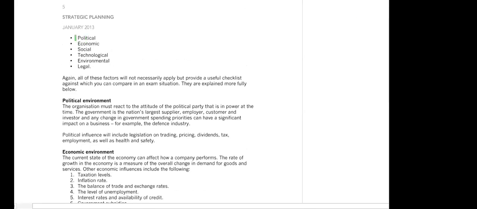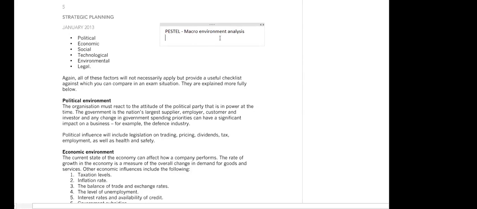So for PESTEL analysis, let me tell you, PESTEL analysis is basically a tool which is used to analyze the macro environment. It is used to perform a macro environment analysis. Right? PESTEL is used for the analysis of macro environment.